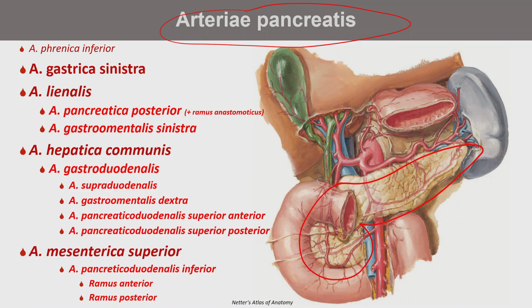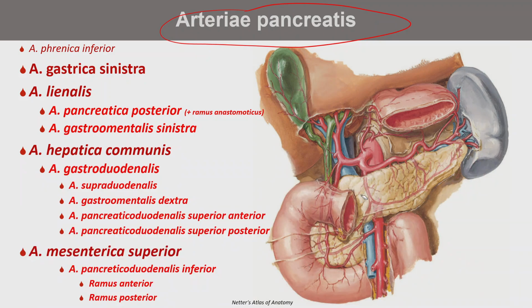The pancreas has a complicated vascular supply because it develops from two parts. Originally, one part is ventral. The ventral part then goes dorsally, and we see it dorsally in the adult.